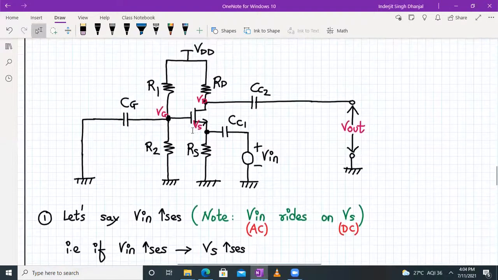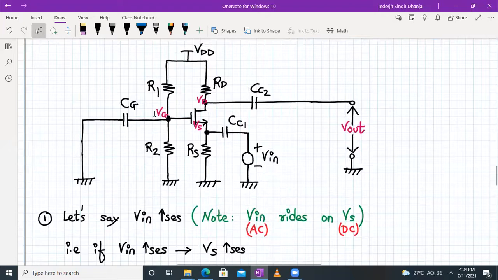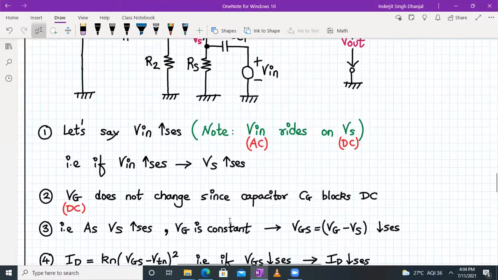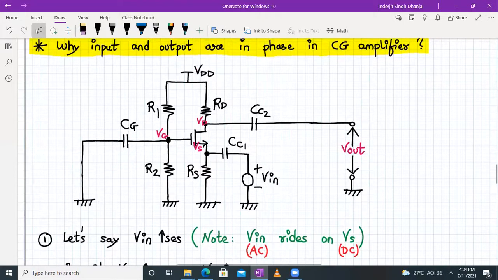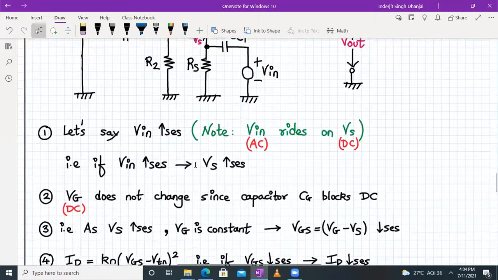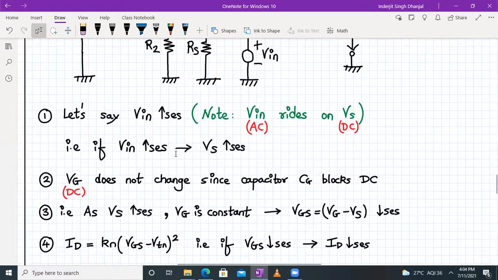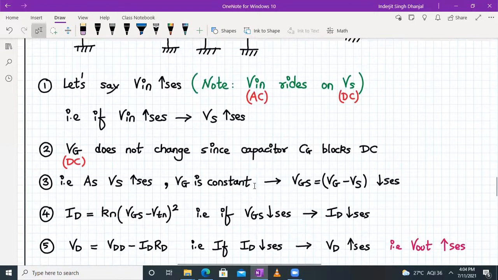But your Vg value does not change, since a capacitor Cg will block the DC value. As you can see over here, the DC value of Vg will not change. So even if Vin increases, Vg will remain constant. As Vs increases, Vg being constant, what will happen to VGS? Since Vg is constant and Vs is increasing, the VGS term will decrease.